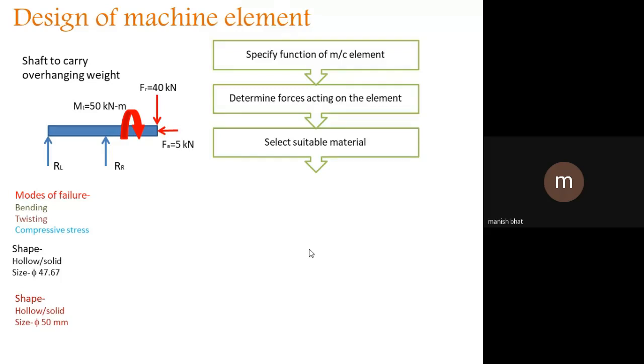Every material will not have the same strength. Strength depends upon the material. So you will not find that copper has the same strength as steel, as mild steel, as cast steel.